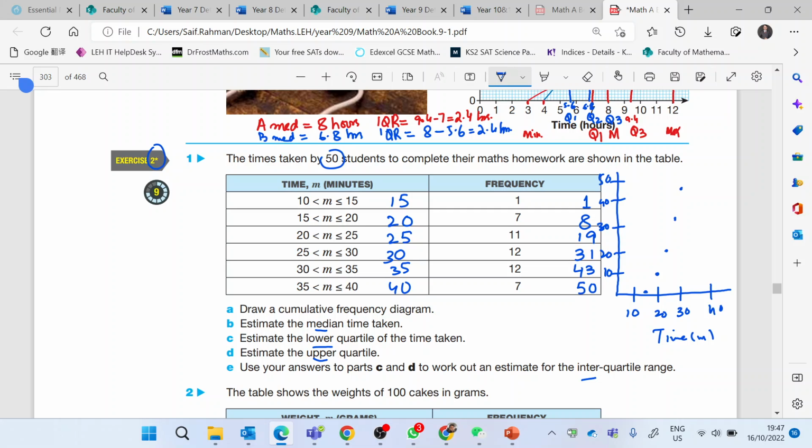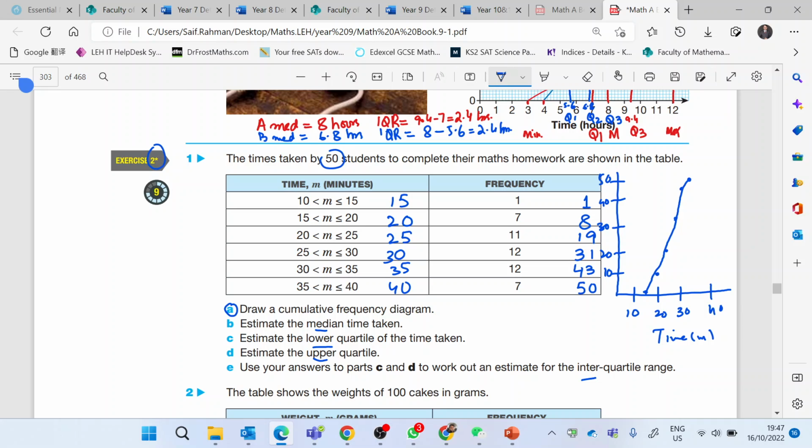So 40 and 50 here. So this is pretty much our cumulative frequency diagram.